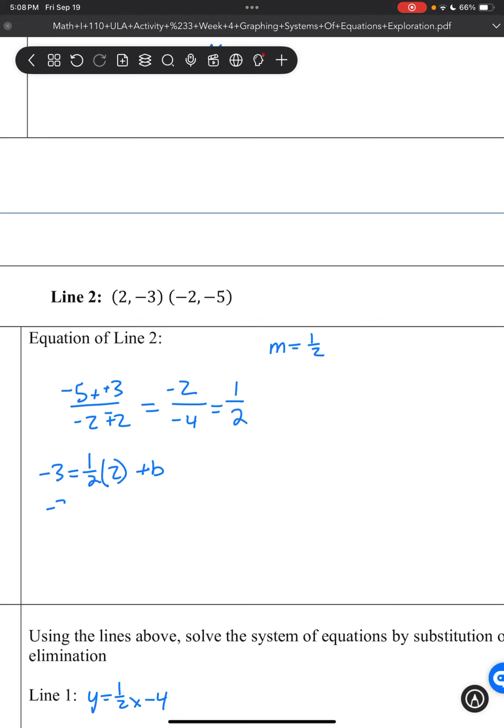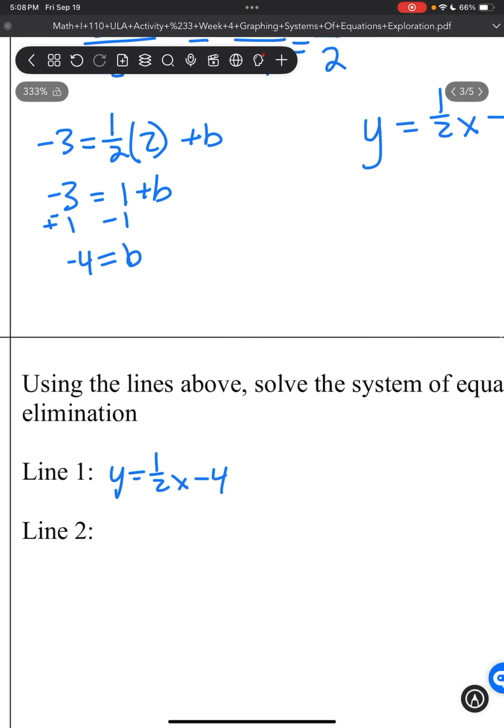We're going to simplify this. 2 times 1/2 is just 1. We're going to subtract 1 so b is by itself, and then -3 plus -1 is -4. So we have an intercept and we have a slope, and we are good to make our line y equals 1/2 x minus 4.